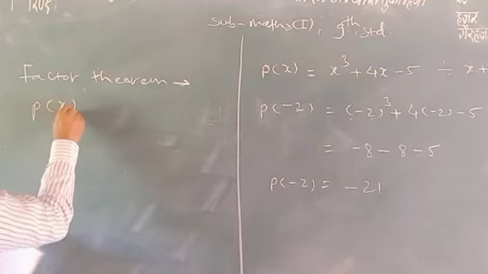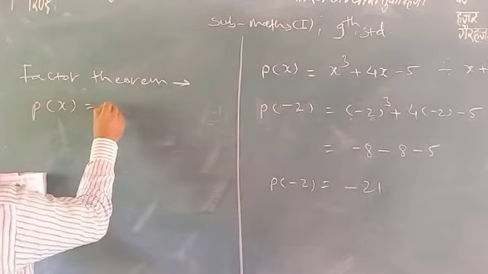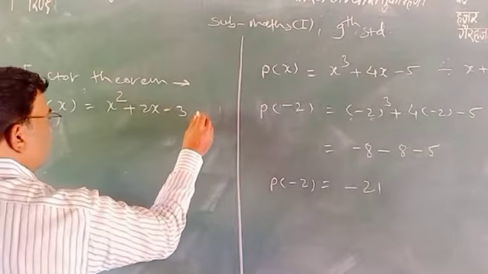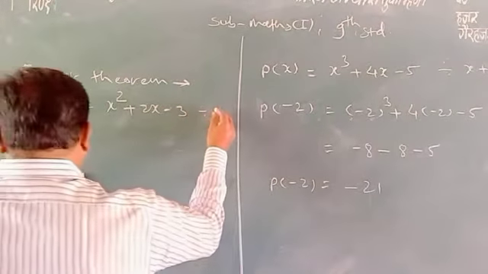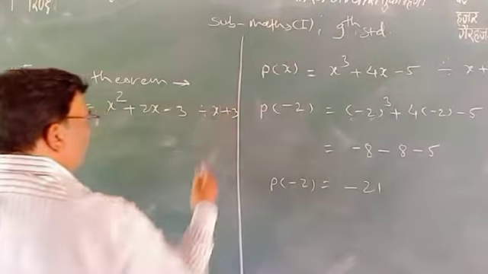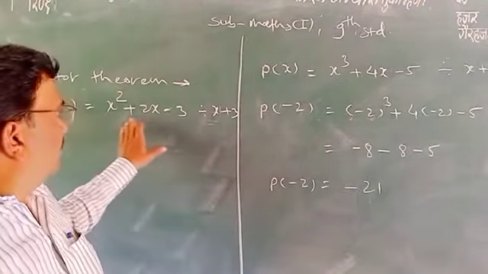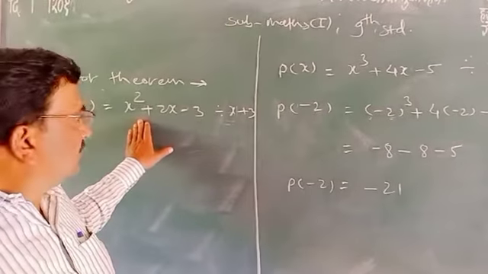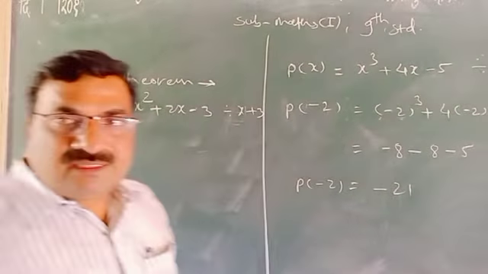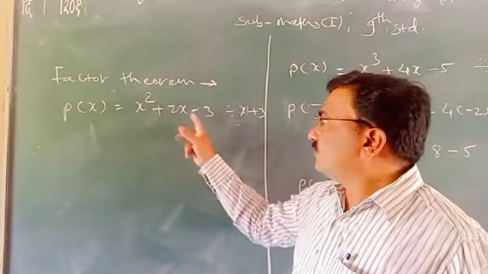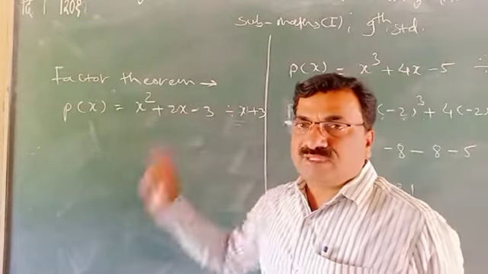P of x is x square plus 2x minus 3, and it is divided by x plus 3. We have to find out whether this divisor is a factor of the dividend.